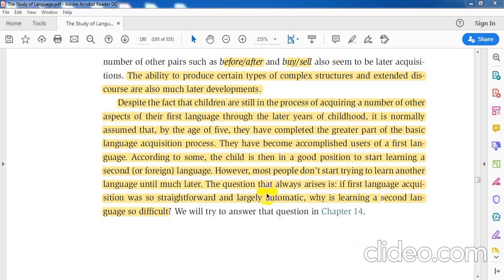But now, why is it so straightforward and largely automatic? Because the stages are found to be systematic and gradual in the appearance of the child's acquisition of the first language. Now, with this point, I would end the chapter and the video.